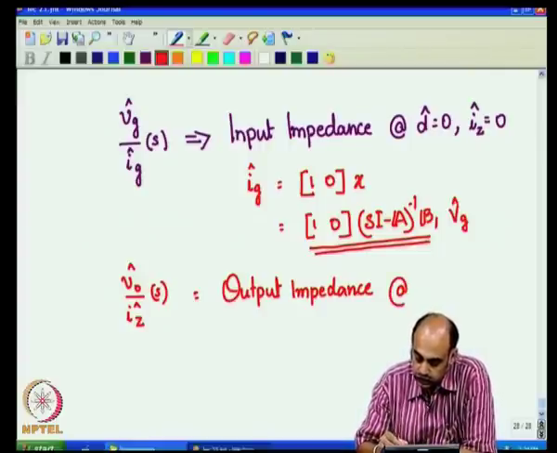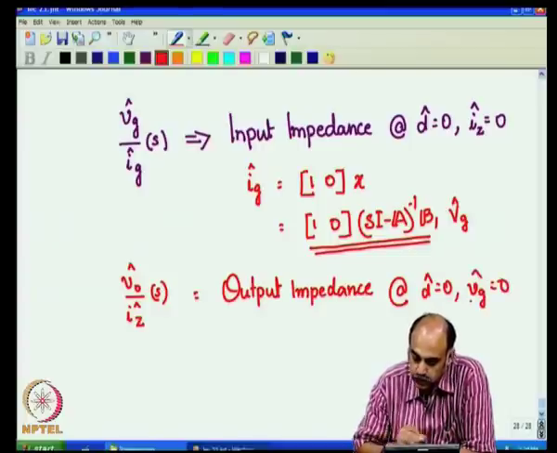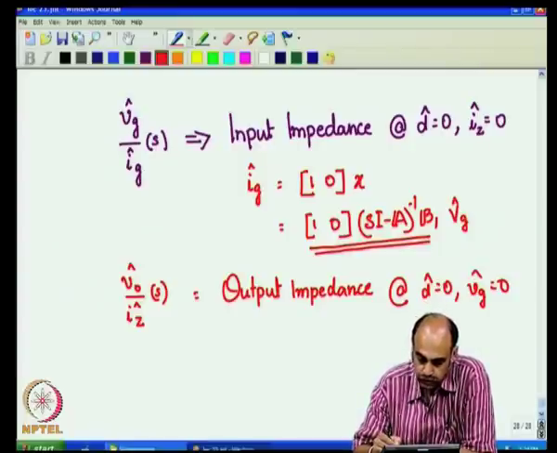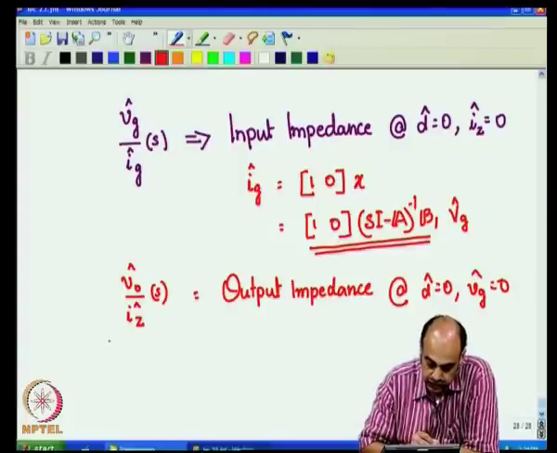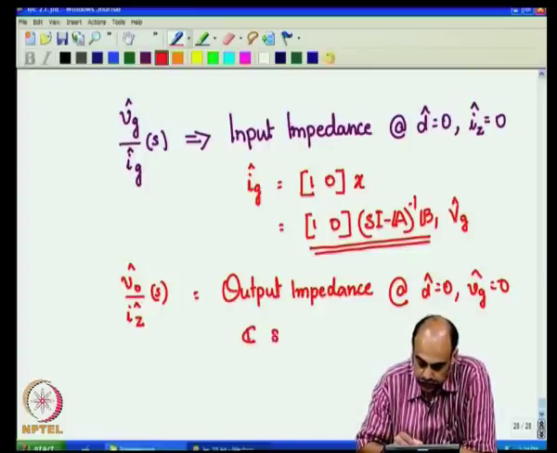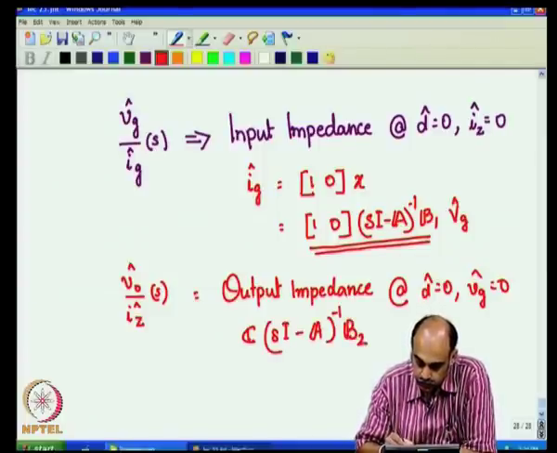Now, at the other two inputs being 0, that is d hat is equal to 0, Vg hat is equal to 0, Iz hat is the disturbance input. So, Iz is the input, V naught is an output. So, this is directly obtainable using C (sI minus A) inverse B2.